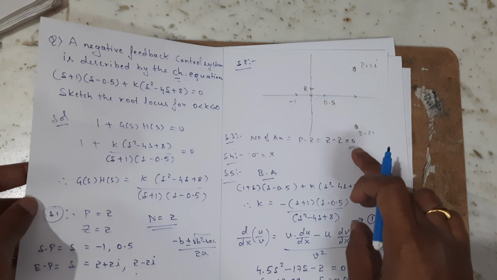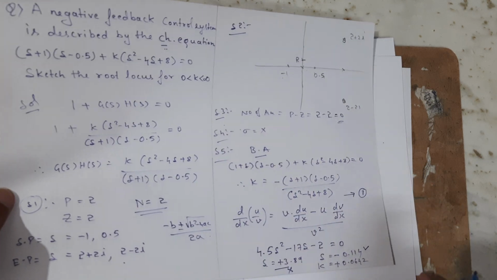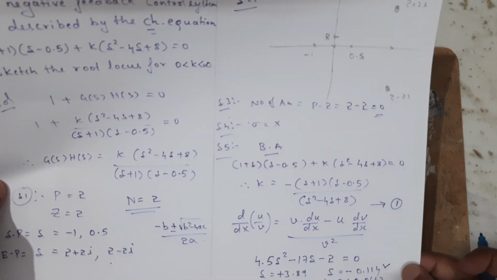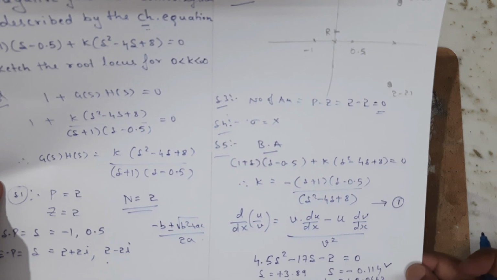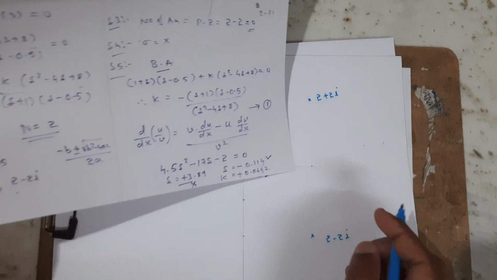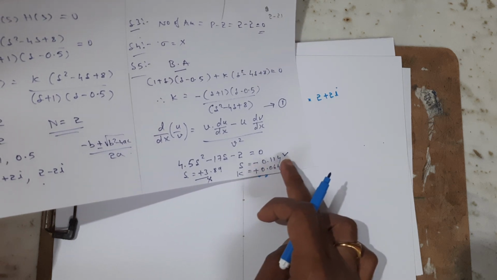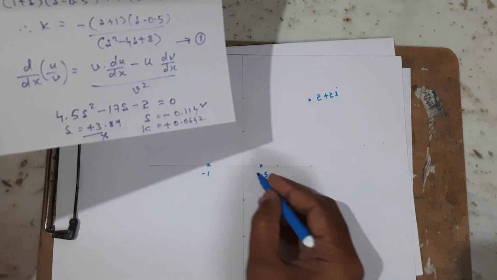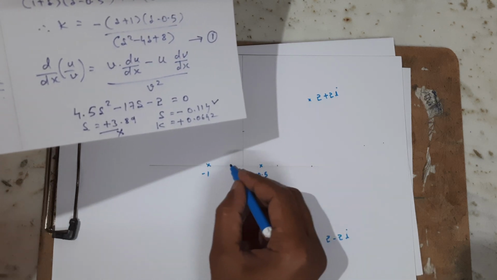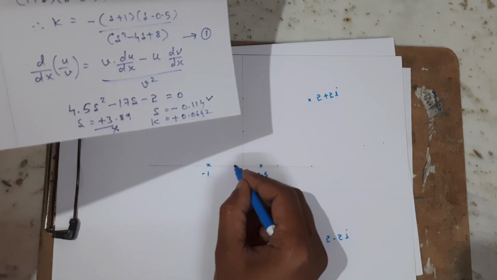Next, we don't have asymptotes, and we don't have a centroid. The next thing we need to find out is the breakaway point. What is the breakaway point? It is minus 0.114, somewhere here.